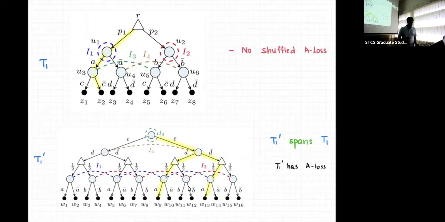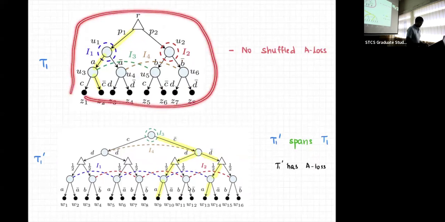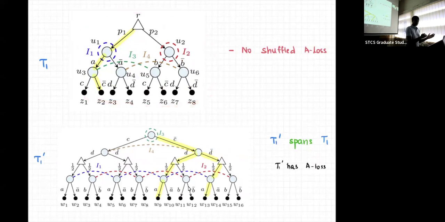And finally, look at this game. In fact, we can show using an algorithm that even on shuffling, you will not have ALOS recall. But if you look at the polynomials that you get, this is XA, XC, XA, XE bar, and so on.